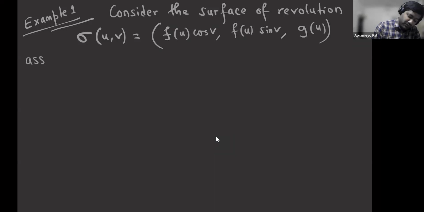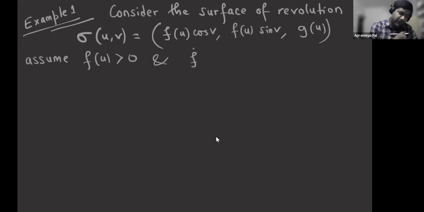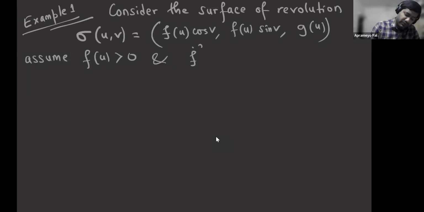Also assume that f(u) is greater than 0 everywhere, and the planar curve given by (f(u), g(u)) is unit speed. So f dot square plus g dot square is 1 everywhere.